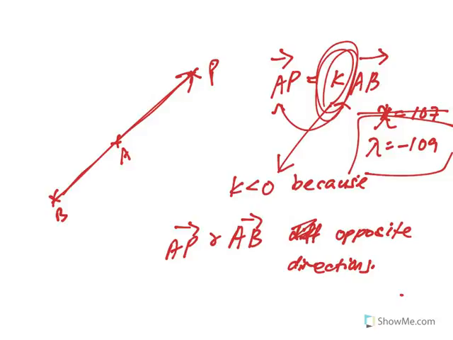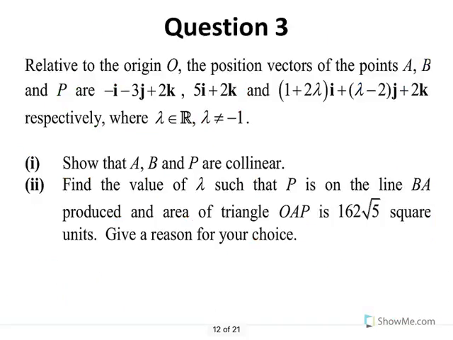Where did the AB come from? AO and AB. From the question, you know from earlier, from this portion, you have seen that lambda plus 1 over 3 AP is equal to lambda 1 over 3 AB.